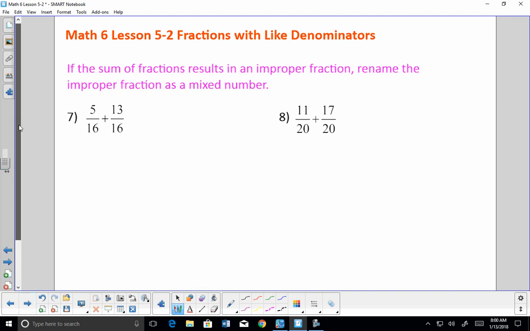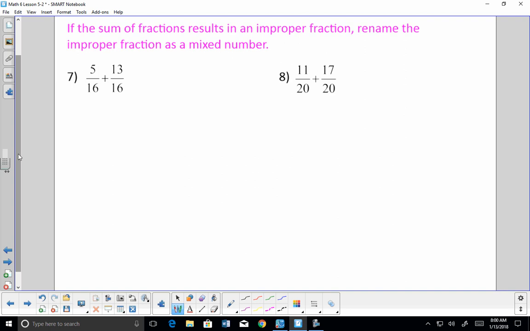So if I have 5/16 plus 13/16, I would have 5 plus 13 all over 16. 5 plus 13 is 18 over 16. 16 will go into 18 one time. 18 minus 16 is 2. So it'd be 1 and 2 sixteenths. 2 sixteenths, however, reduces. I can divide the numerator by 2 and the denominator by 2. So it becomes 1 and 1/8.